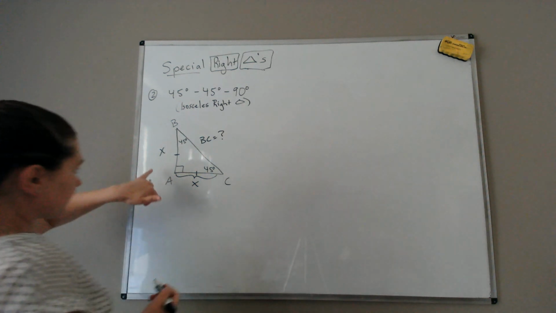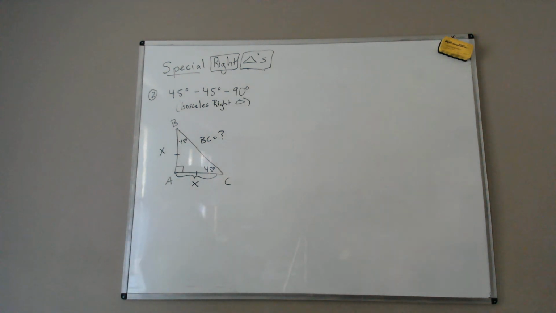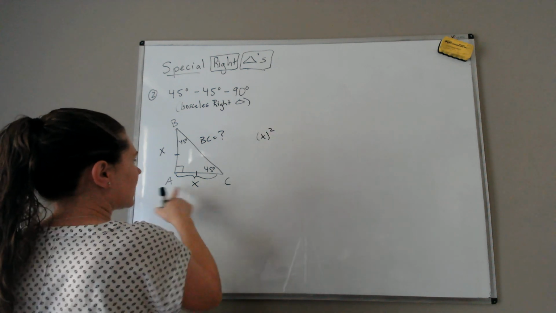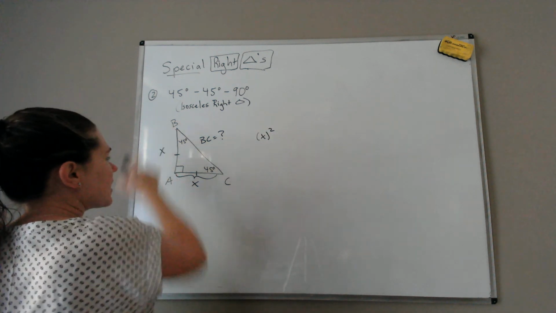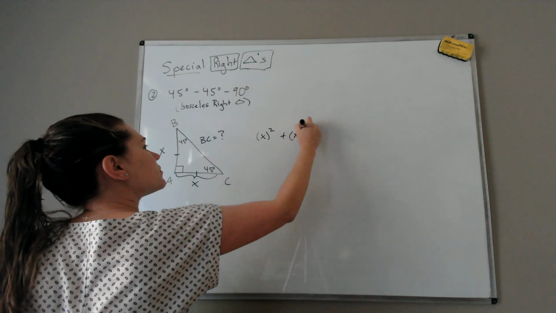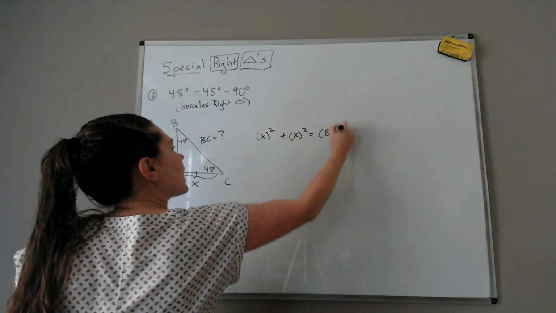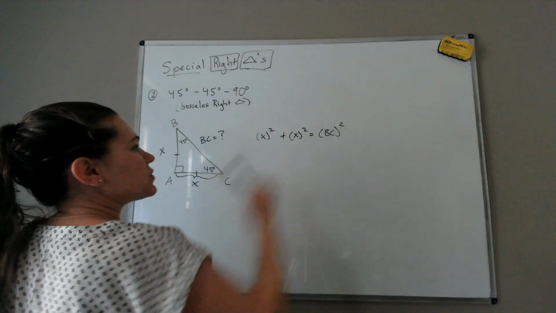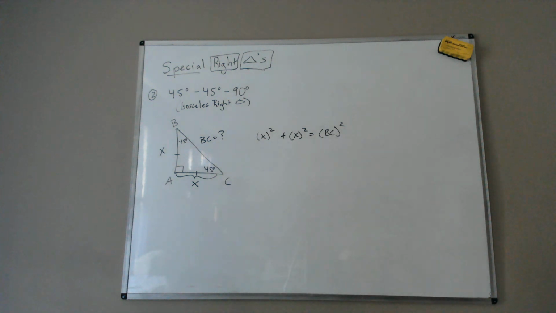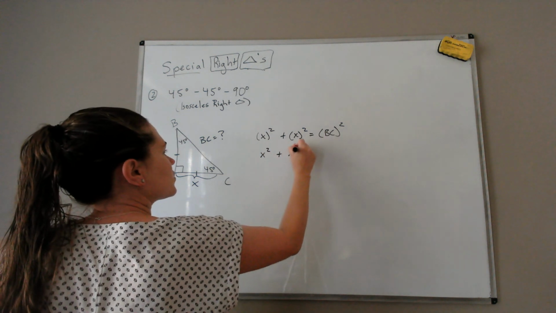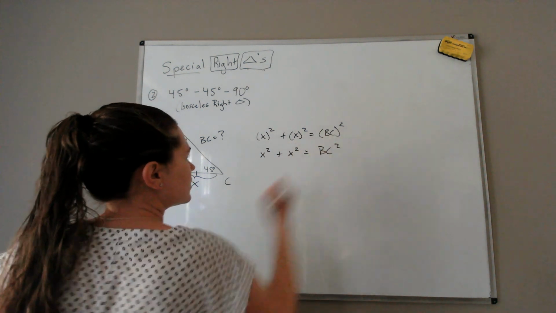So we're going to use the Pythagorean theorem because we have 2 of the 3 side lengths. The side length AC squared plus the side length AB squared equals side length BC squared. So x squared plus x squared equals BC squared, and that's the side we want to find the expression for. Notice it's not going to be just a number, it's going to be an expression in terms of x.